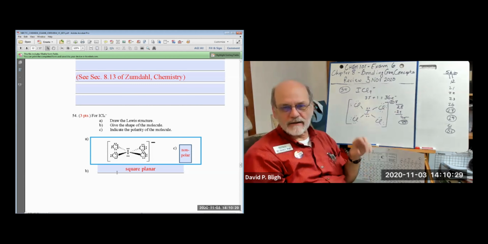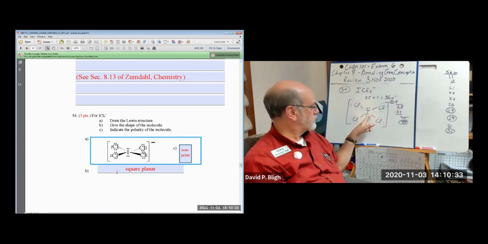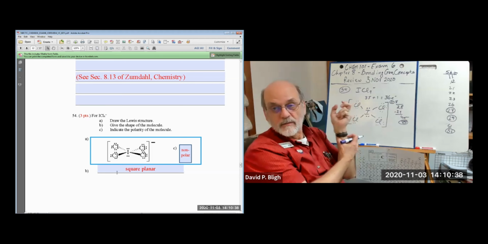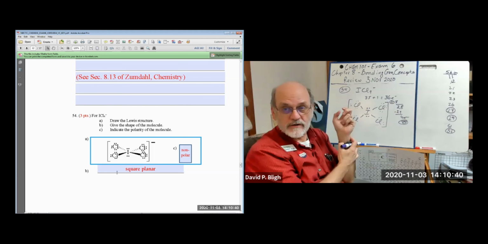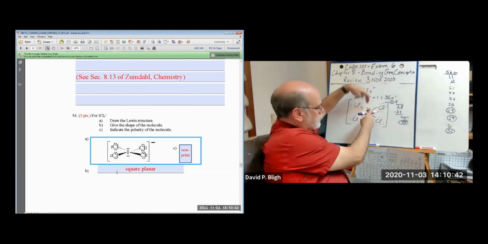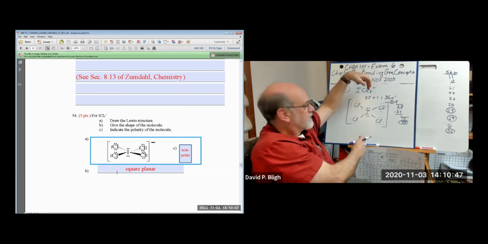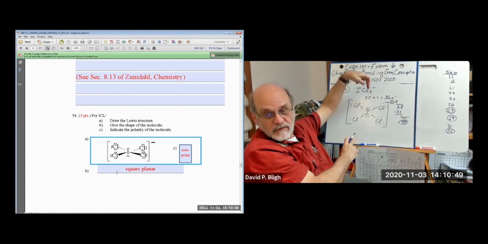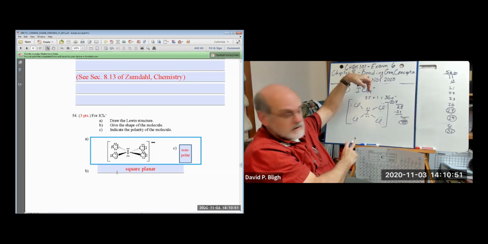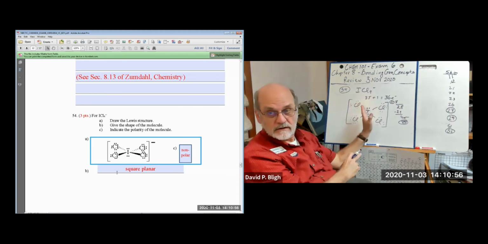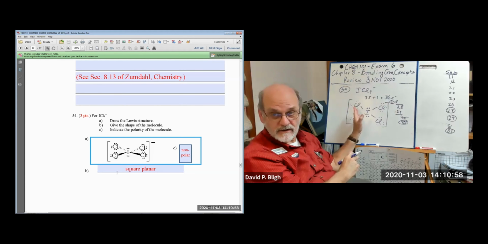Now, what does that say about the electronic structure? 1, 2, 3, 4, 5, 6, octahedral. Right? But an octahedral with 2 lone pairs, the lone pairs go at the apexes of the octahedron, which means that the molecular structure is square planar, and all of these bonds are equivalent, which means they cancel one another out, and the molecule is nonpolar.